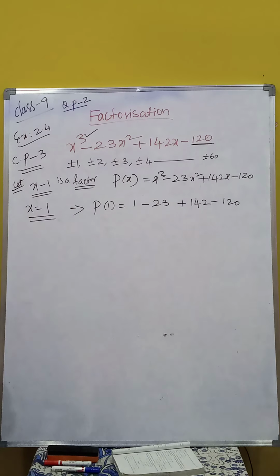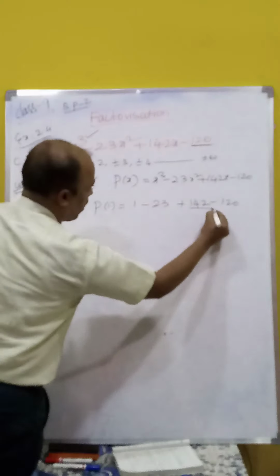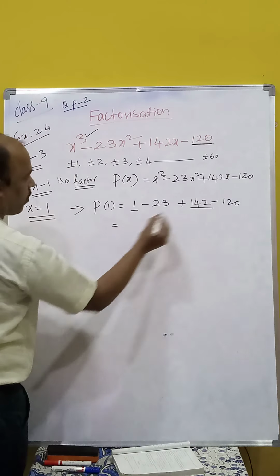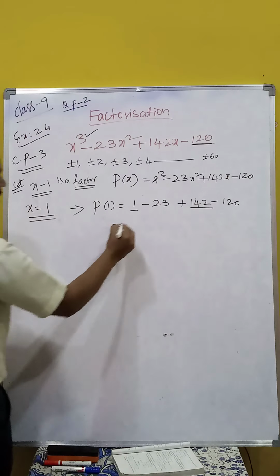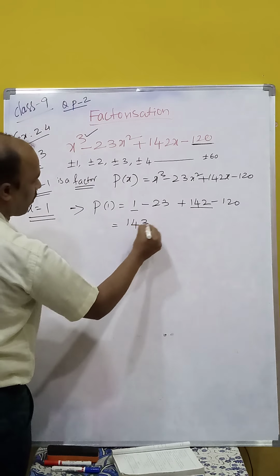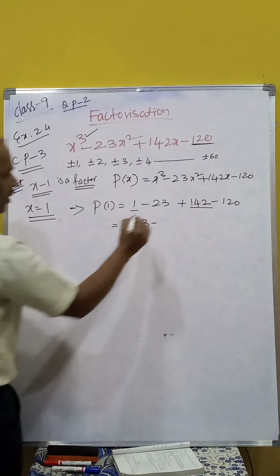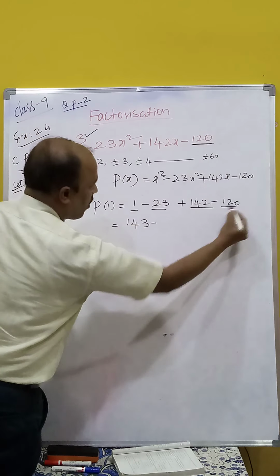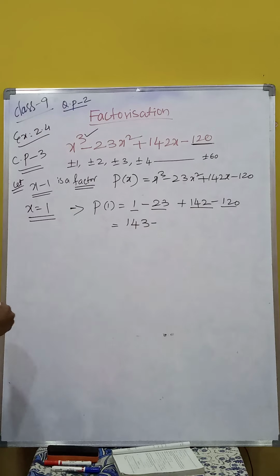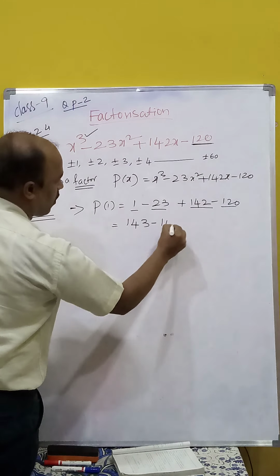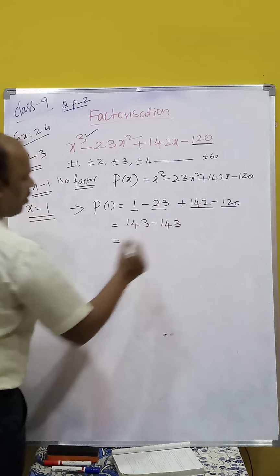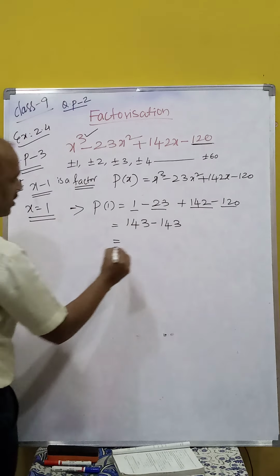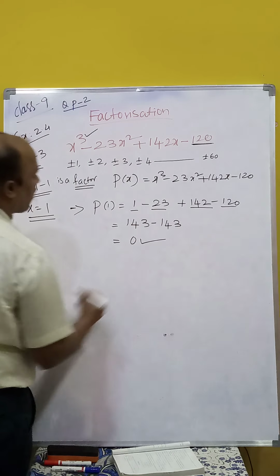What are the positive terms in this? 142 and 1. 142 plus 1, it's 143, minus negative terms minus 23 minus 120, it's a minus 143. 143 minus 143, what is answer? 0. Yes, it is a factor.